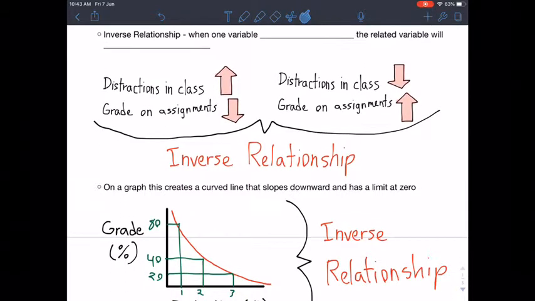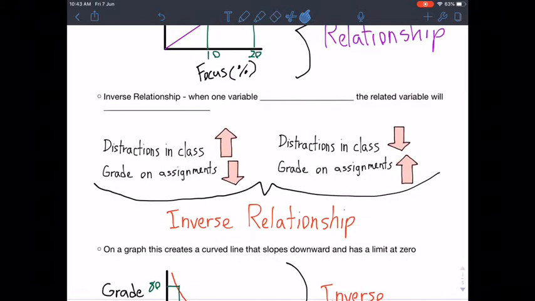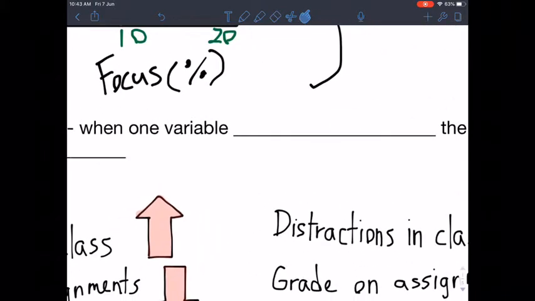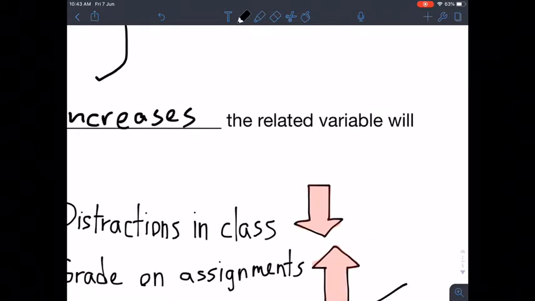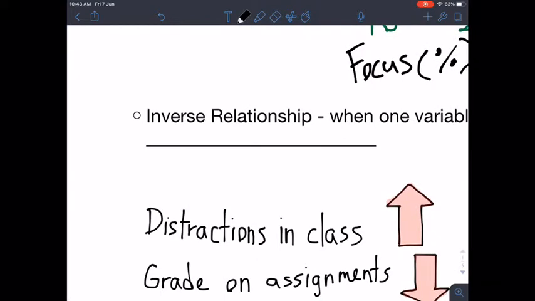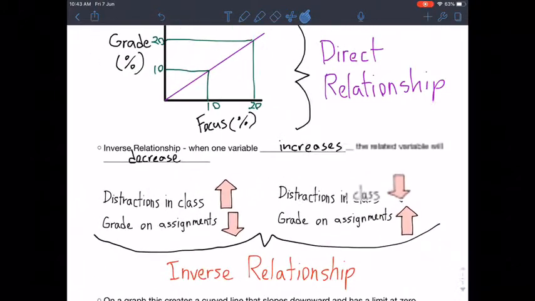Okay. An inverse relationship, on the other hand, is kind of the opposite of a direct relationship, but kind of not. This is where one variable increases, just like before, and the related variable will decrease. So that explanation is exactly the opposite of a direct relationship, all right?